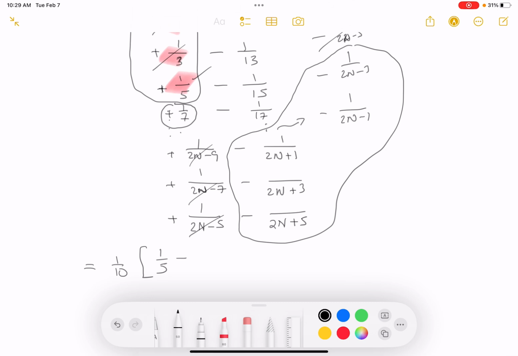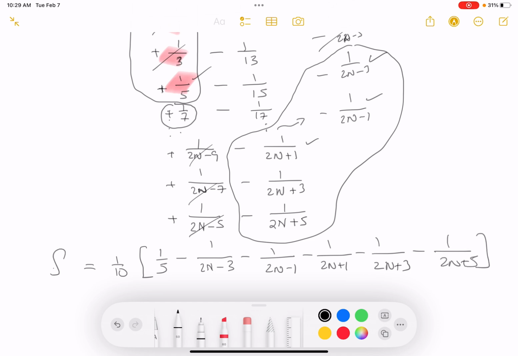I'm left off with minus 1 over 2n minus 3, minus 1 over 2n minus 1, minus 1 over 2n plus 1, minus 1 over 2n plus 3, that's a 1 there too, by the way, and then minus 1 over 2n plus 5.